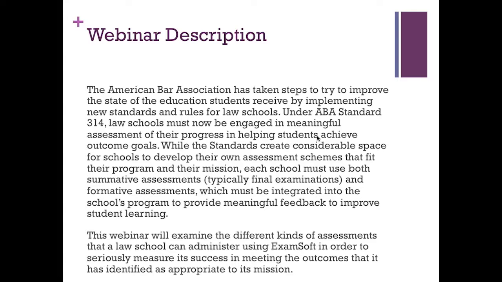I graduated law school in the 90s, and certainly many times the assessments in my class consisted of only one 3-hour or 4-hour exam. And so with the new ABA standards, that obviously has been changed.